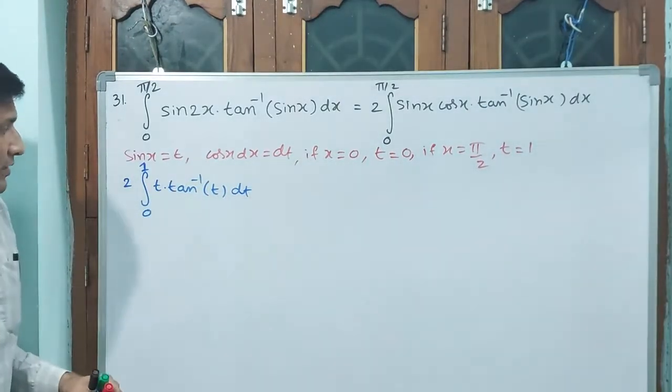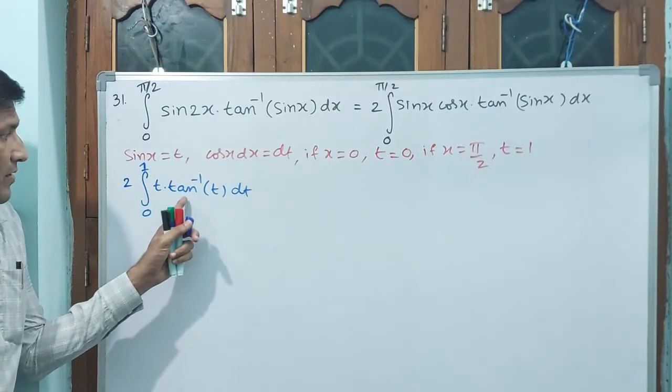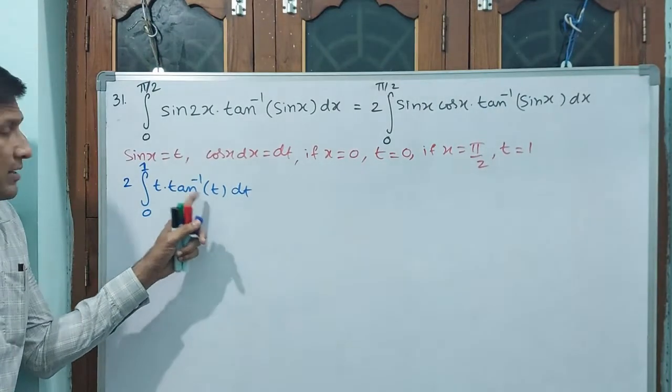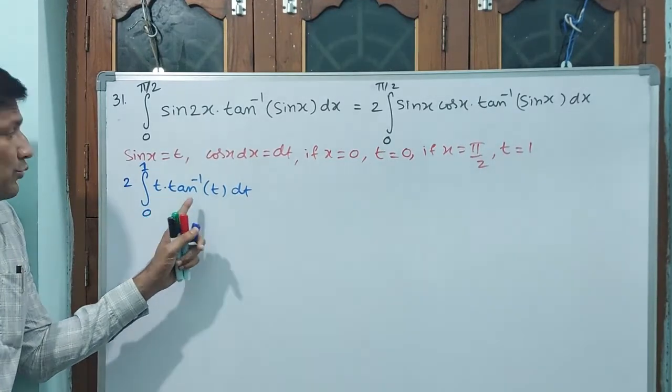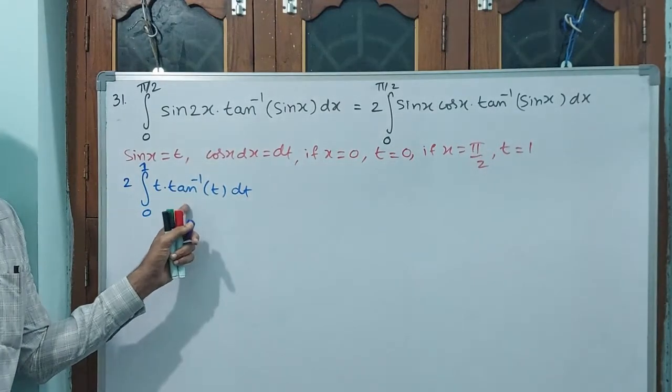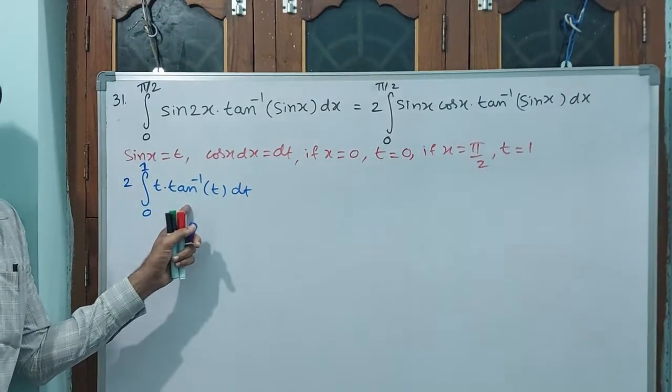Now observe carefully here. Tan inverse of t is there, and t is there. U into v: which one do you want to take as u? Take u as tan inverse t, because its differentiation is very easy.